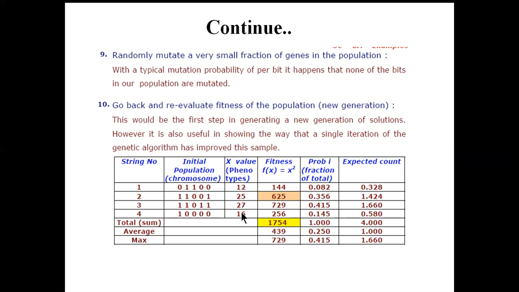After the first iteration, for the value of x equal to 27, we get the maximum value. But if we continue this operation for a few iterations, then we will gradually move to its optimal point, that is 31.